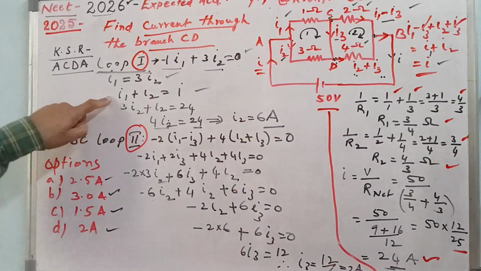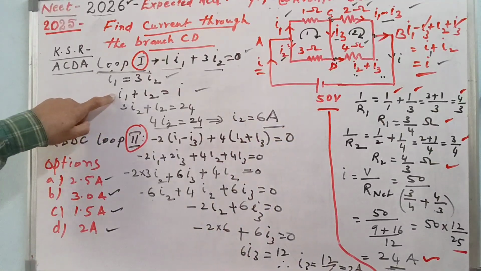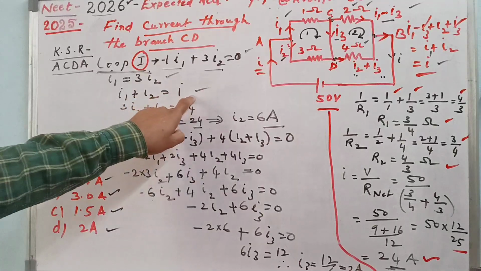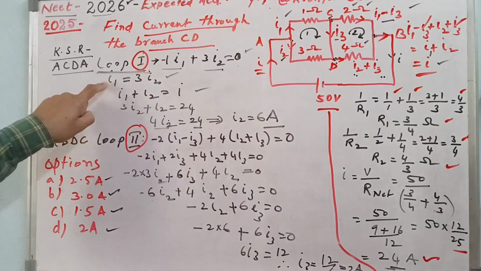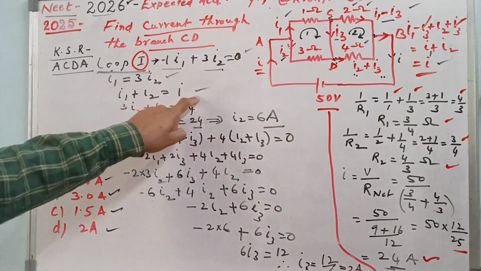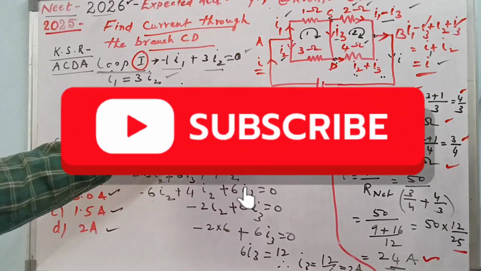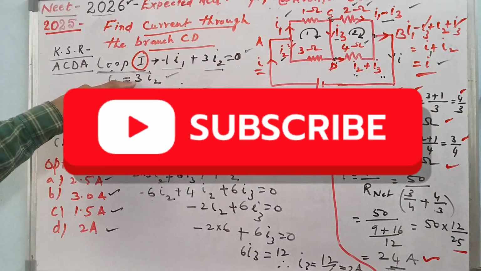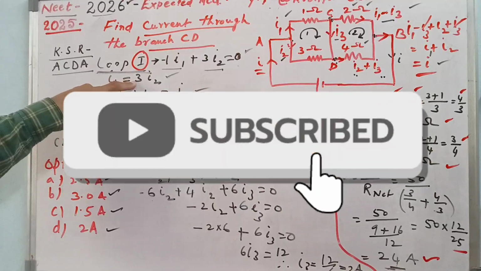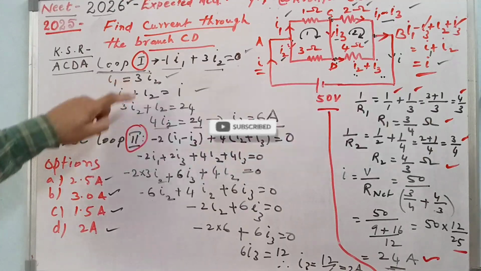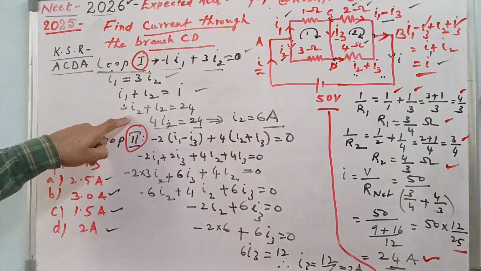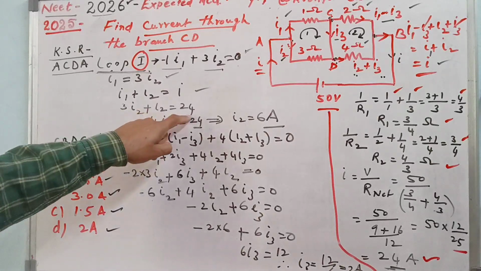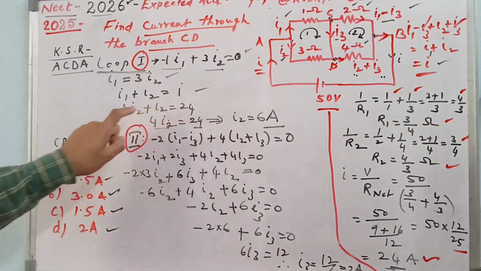Here you just concentrate. I1 plus I2 is I. So next what you have to do, I1 is equal to I minus I2. First we calculated I is equal to 24.